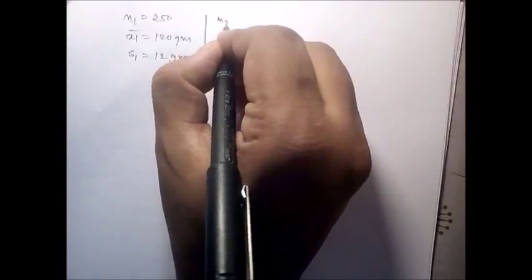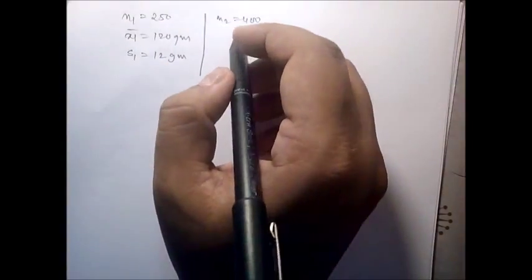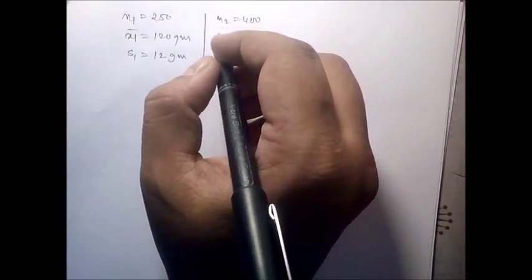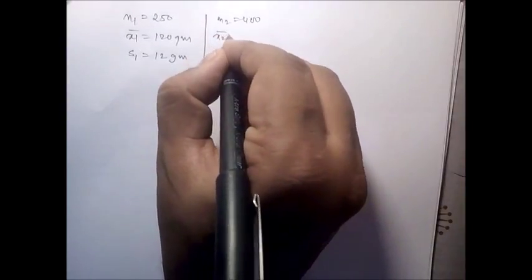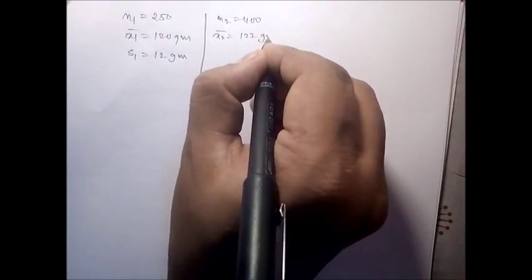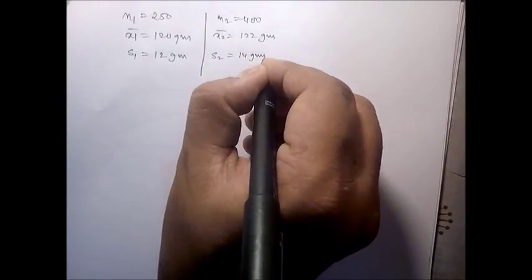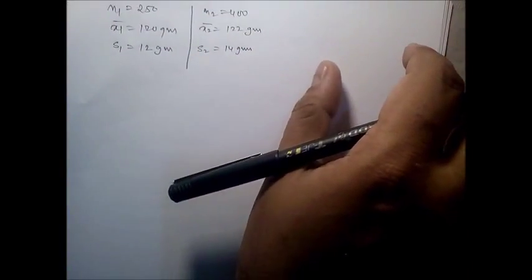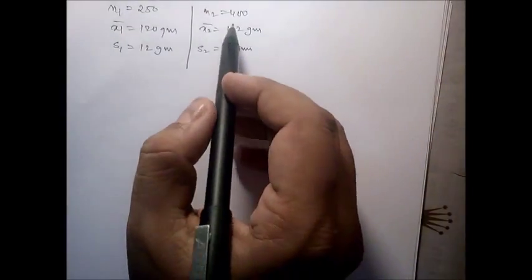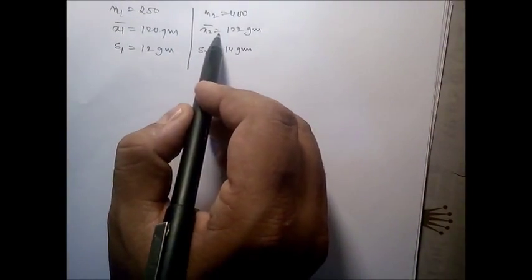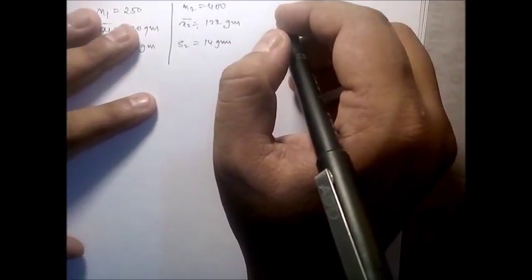While the corresponding figure in a sample of 400 items from the other process are 122 gram with standard deviation of 14 gram. Question is, is this difference significant? Level of confidence is 99%.